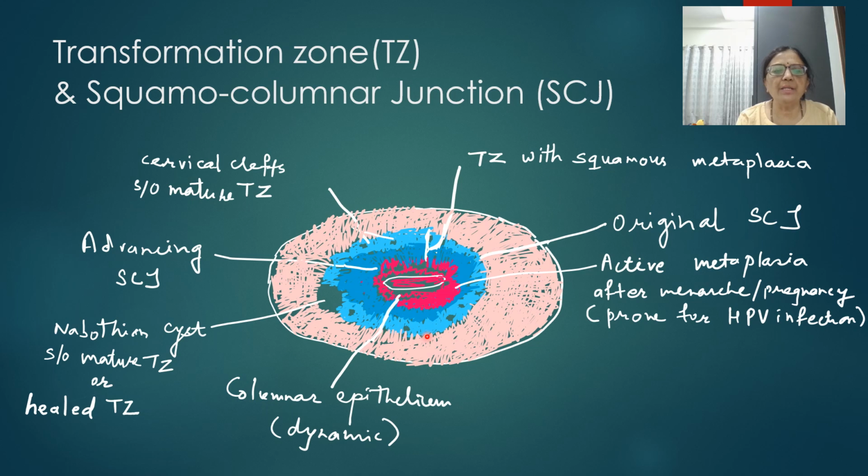The peripheral part is the healed or mature transformation zone, whereas the part nearer the center is the active part, where maximum metaplasia is taking place. These small openings which we can see are the cervical clefts, which are also suggestive of a mature transformation zone.